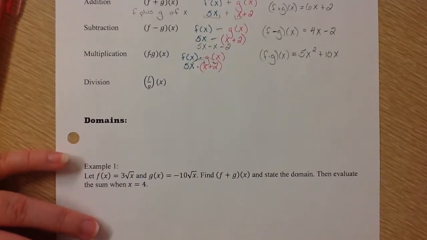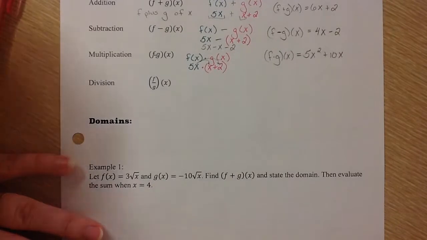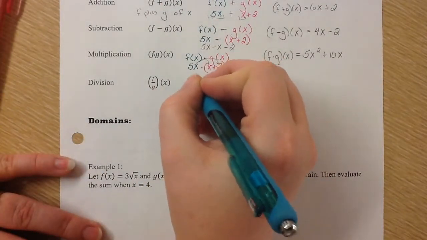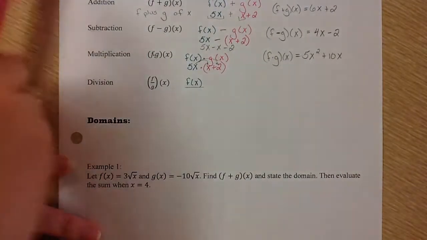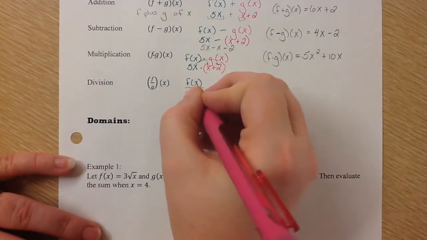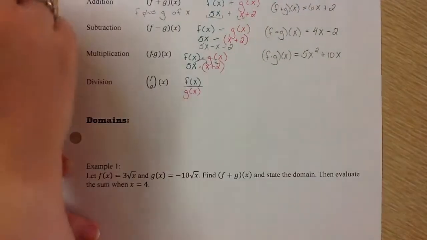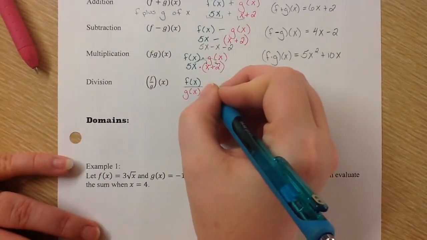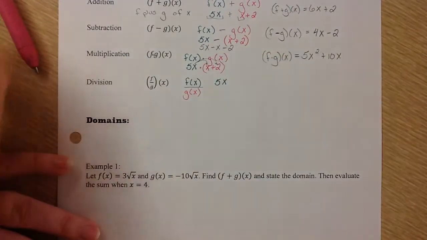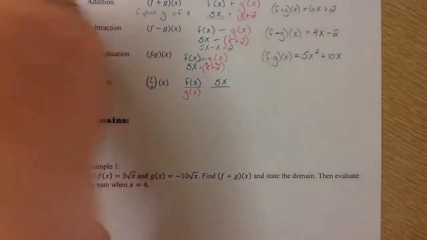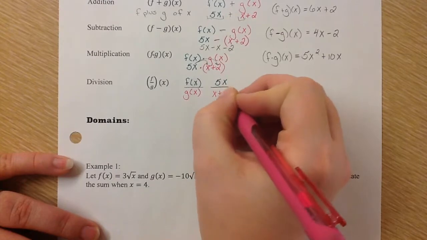Last is our division function. This is me taking my f of x function and dividing it by my g of x function. My f of x function is 5x, and we're going to divide that by my g of x function, which is x plus 2.